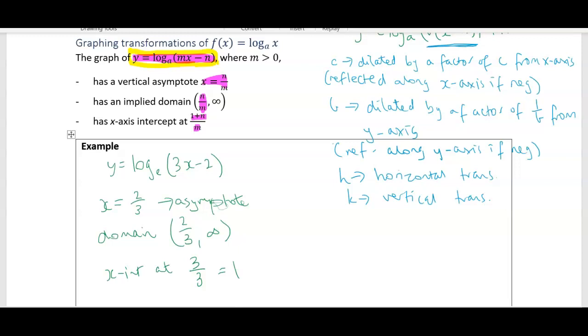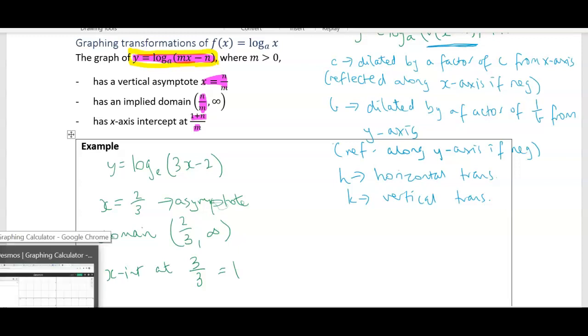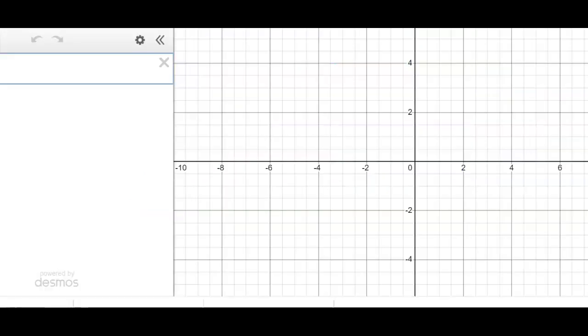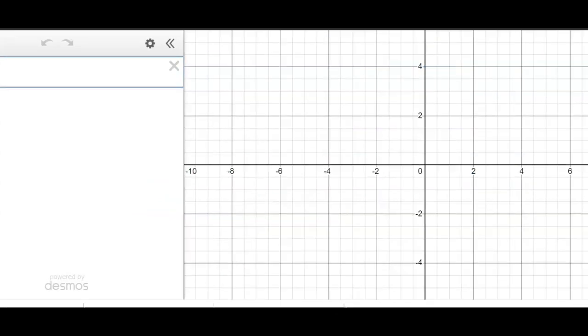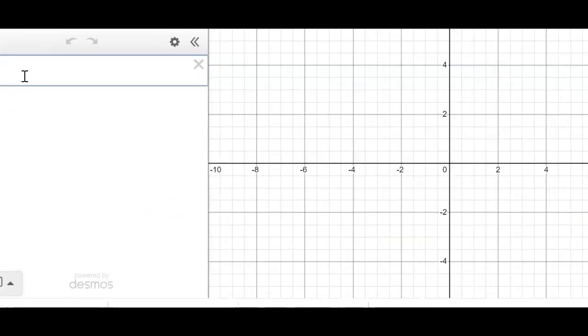Okay. So if I was to graph that, let's graph it, because I think it's always a good idea when you're looking at any functions to understand what the graph looks like. You can't see this too well, let me just move that over. So y equals, if you're using Desmos or your calculator, you can just do ln to represent your natural log. And we have 3x minus 2.